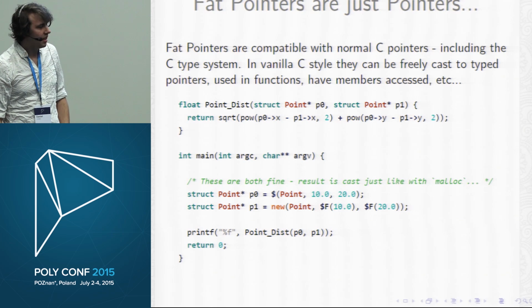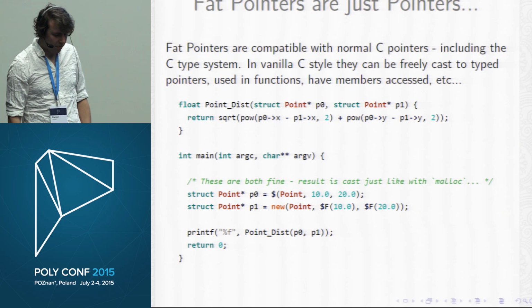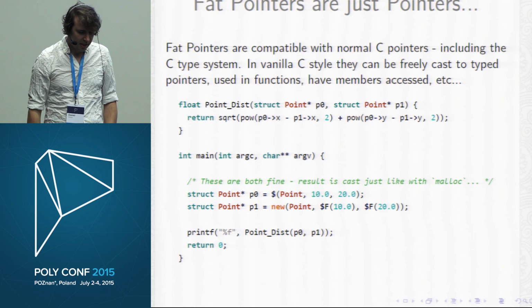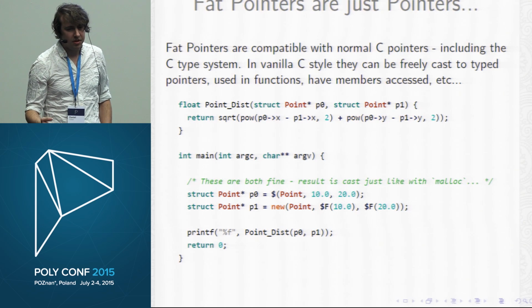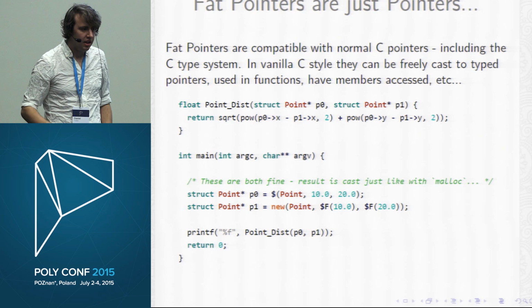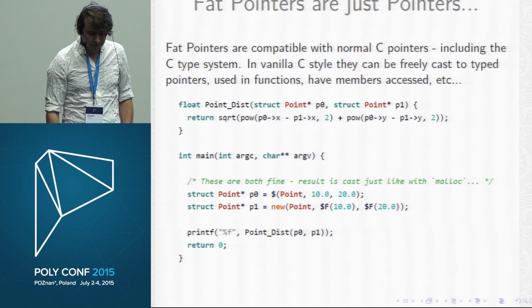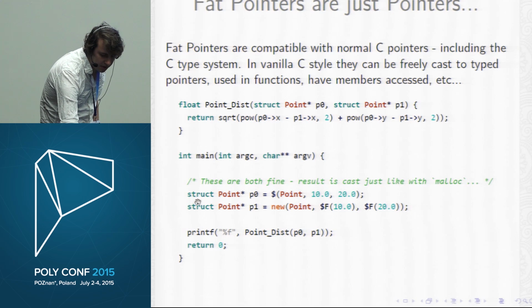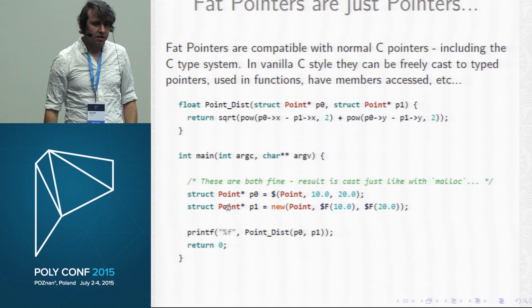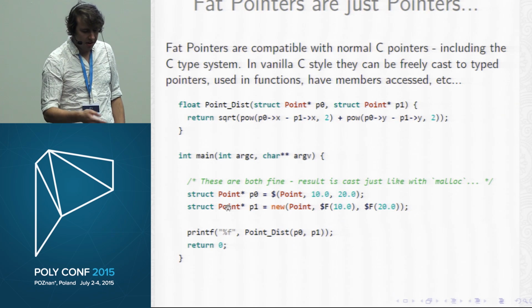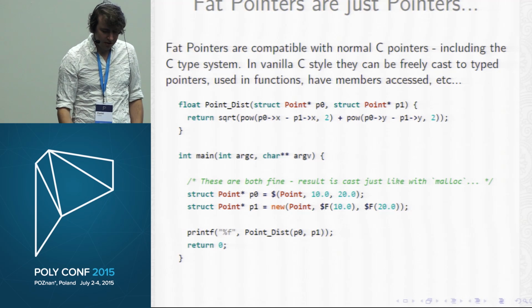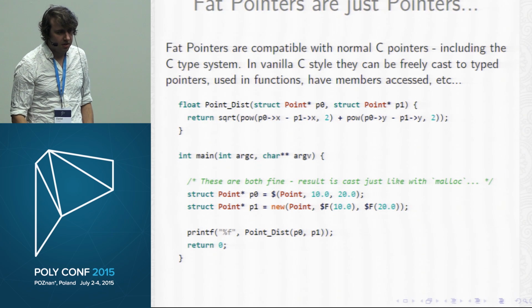And the other neat thing is that these fat pointers are just the same as normal C pointers, because the thing we actually pass around is the same as the normal pointer. So we can cast them to C pointers, and then we get the type safety. I was using var a lot before, but you don't actually need to use this. You can use the C type system where you want.